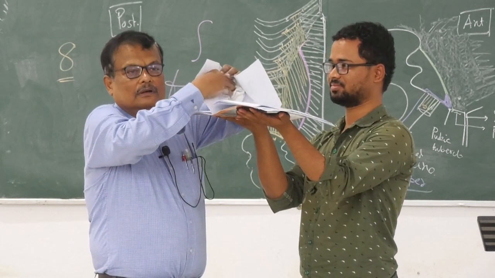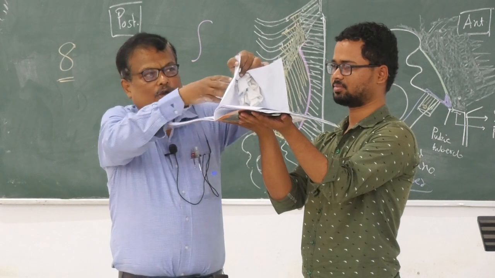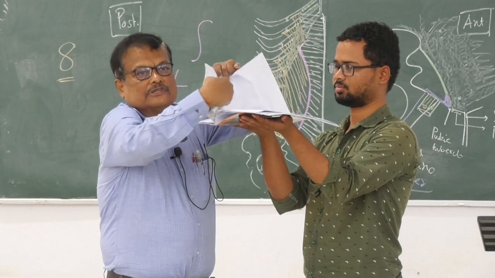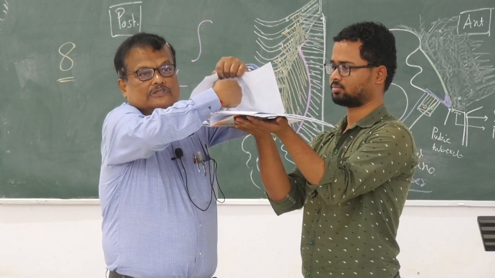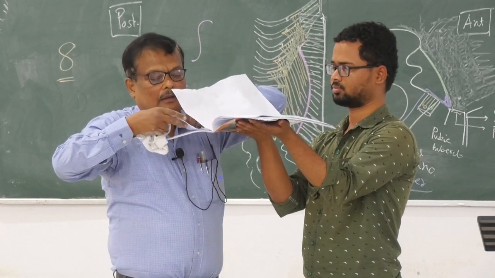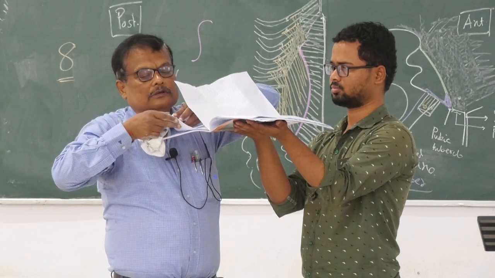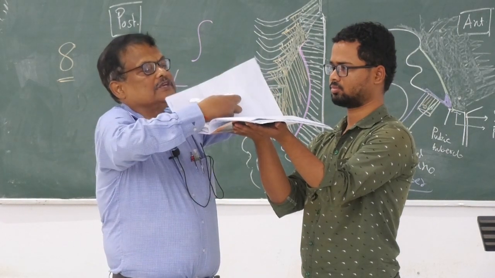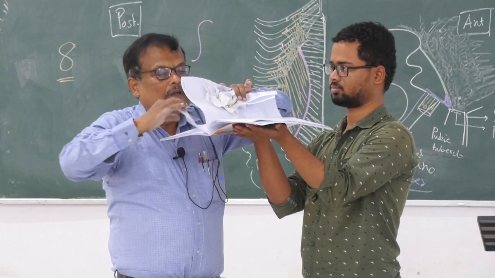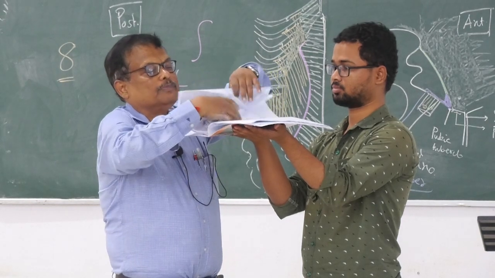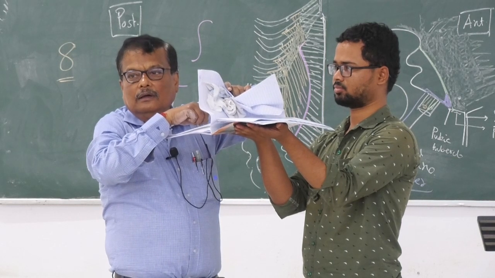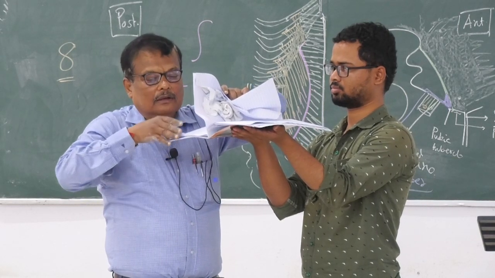So it pushes this, so this testis gets a covering of the fascia transversalis, but if we remove the testis, there is an opening in the fascia transversalis. This is the deep ring. Similarly, the next layer, transversus abdominis, it pushes this, so it takes a covering of the transversus abdominis. Next, internal oblique, it pushes this, it takes a covering of the internal oblique.